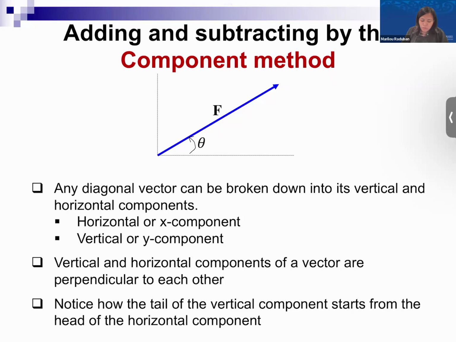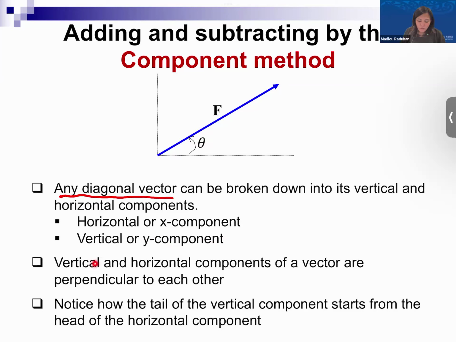The thing to remember is that any diagonal vector can be broken down into its vertical and horizontal components. The horizontal component is the component that is along the x-axis, and that's why it's also called the x component. The vertical component is along the y-axis, and that's why it's also called the y component.